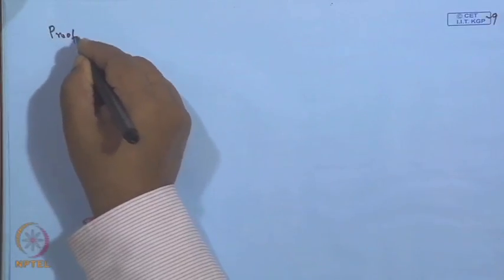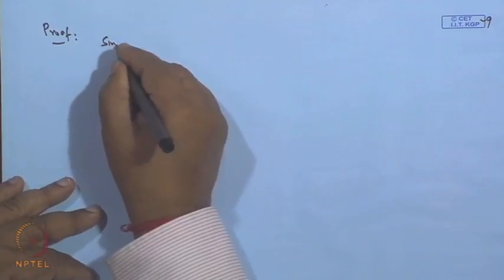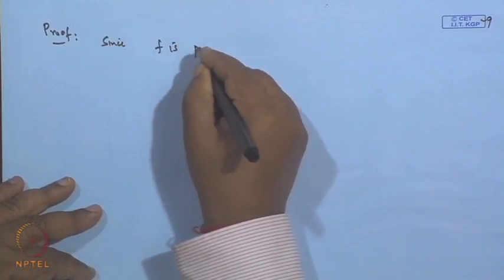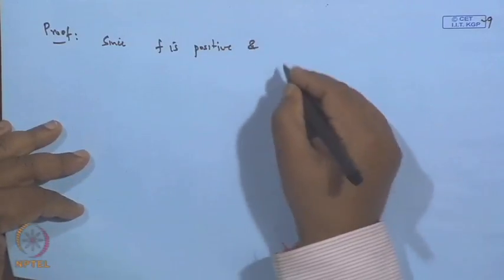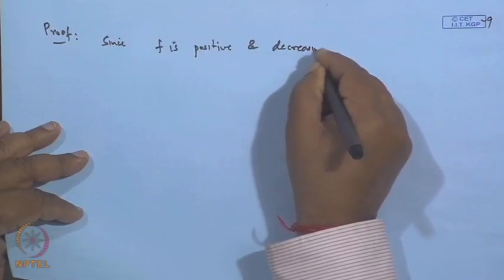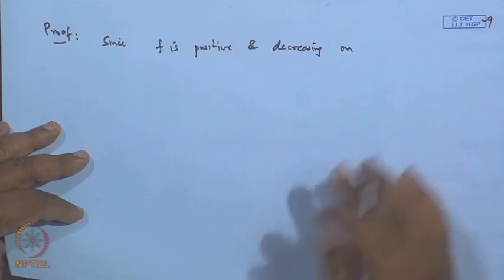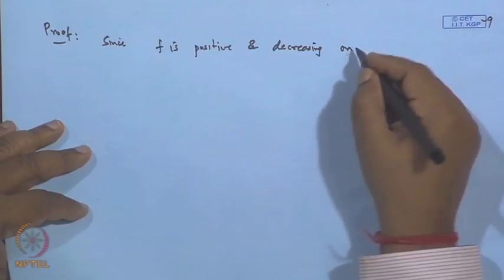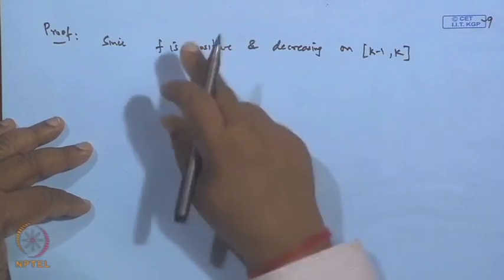We go to the proof. It is given that f is positive and decreasing over the interval t greater than or equal to 1. So we can take the interval [k minus 1, k], over which the function is decreasing.